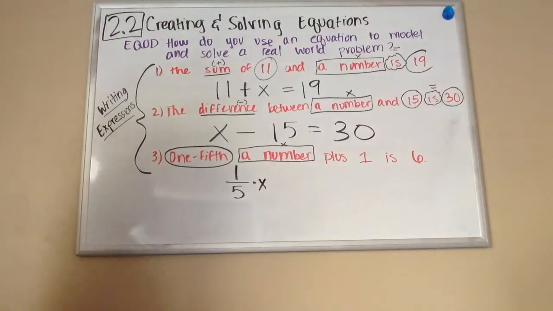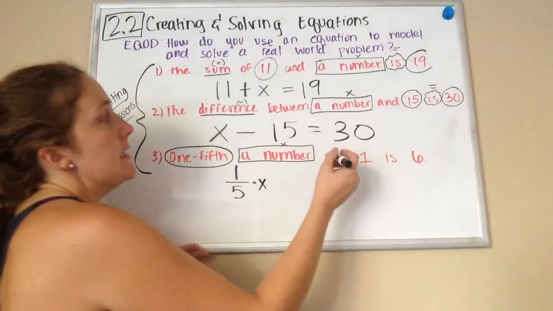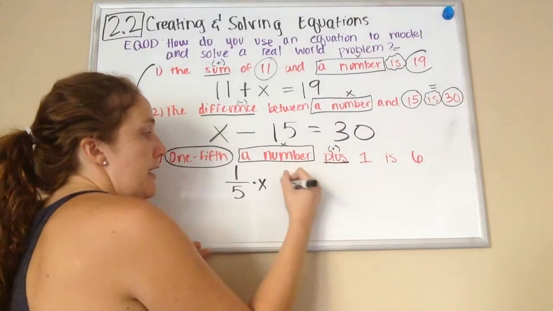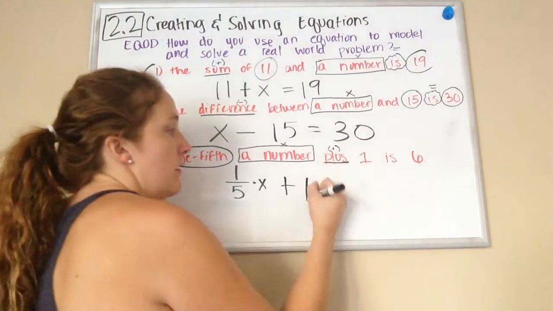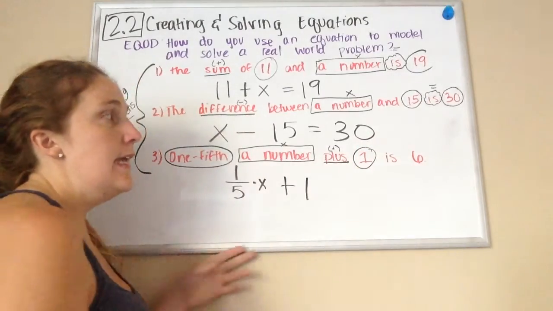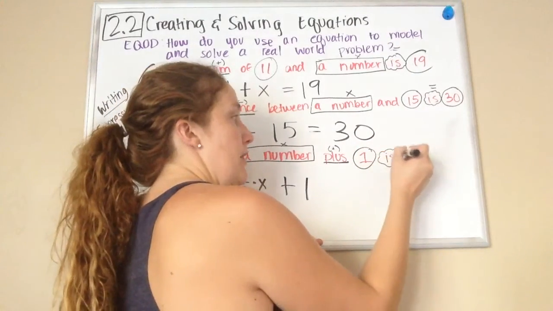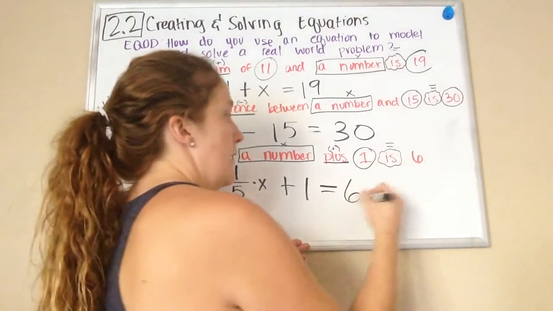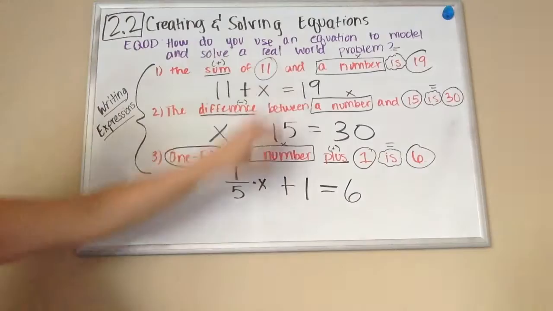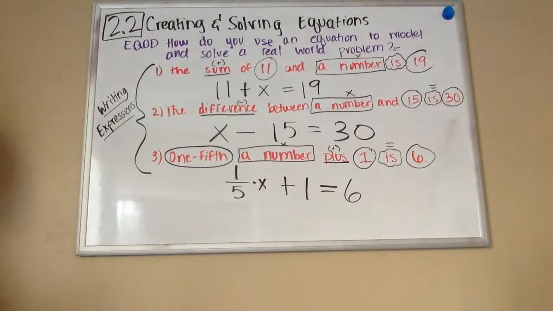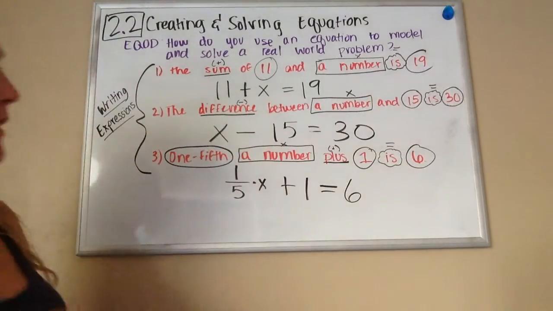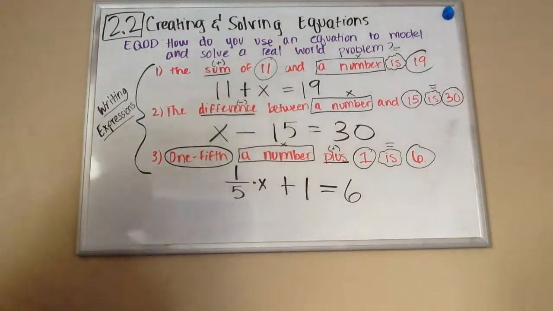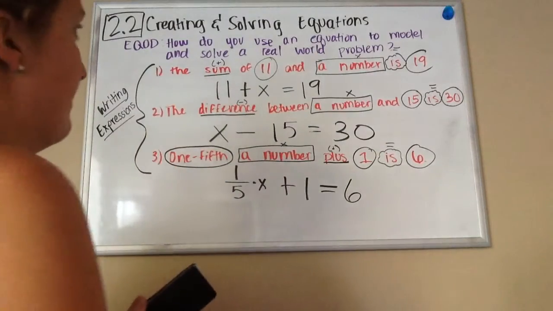So 1/5 a number, plus, we've got plus here, that means addition, plus 1, is, always our equal sign, 6. Perfect. All we're trying to do right now is pull everything out of the words and put it into an expression. Of course, I know you could solve these problems as well from section 1.1.